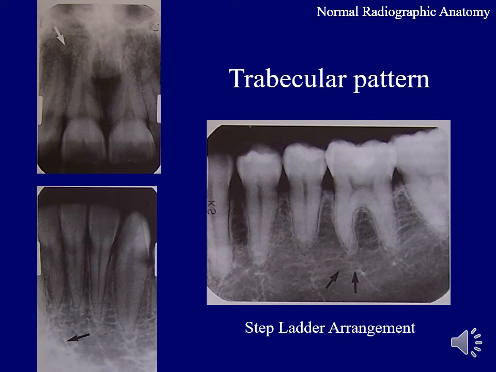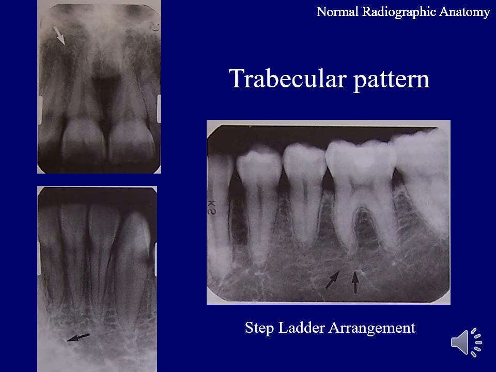The trabecular pattern in the anterior mandible is much thicker than the maxilla, resulting in a very coarse pattern, as shown in the image on the left hand side down.